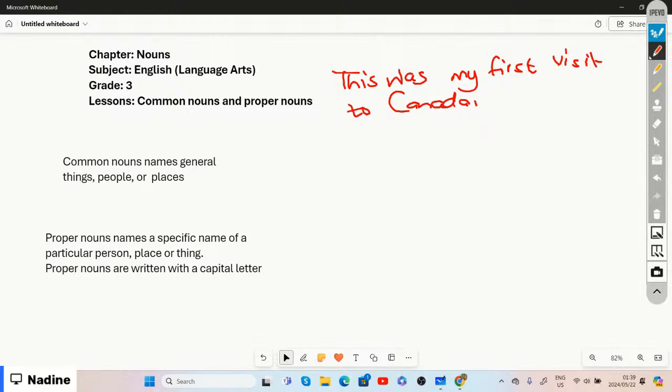Proper nouns, names of people, we capitalize. Days of the week, months of the year, we capitalize. Names of countries, cities, places, we capitalize, right? Especially since it is very specifically talking about a particular person, place, or thing. So this was my first visit to Canada.